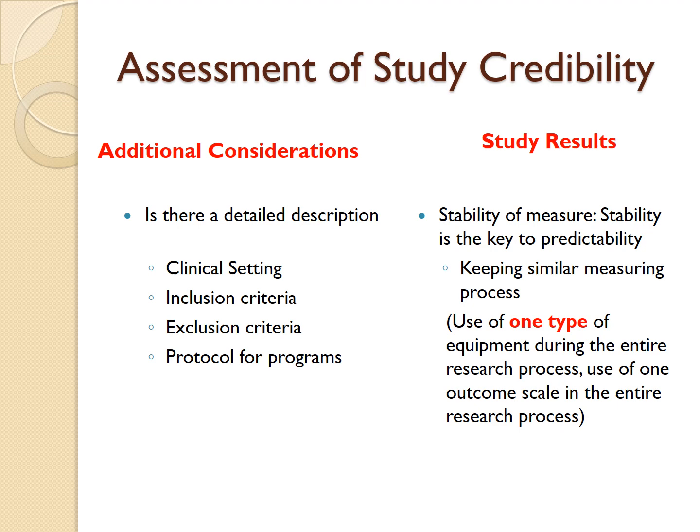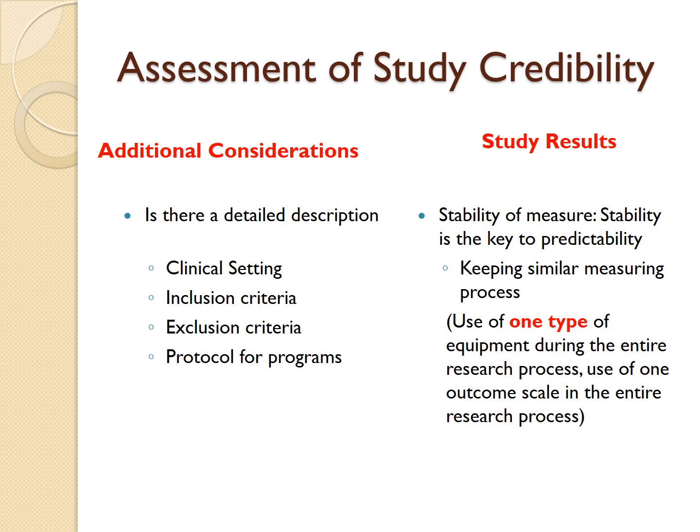Let's say you want to measure the height of a person. One time you use a measuring tape, and another time you're using your hand width to measure an approximate height of a person. So it's not going to yield stable scores each time. So we want to keep the measuring process similar across the treatment or the research study.